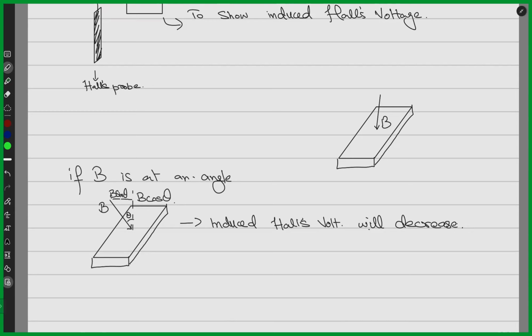Okay, so there was a question. Let me go to the next page. There was a question where we had plates like this, right? This was positively charged plates, and these were negatively charged plates. The first part was very simple: you had to draw electric field lines, which would be in this direction, right?